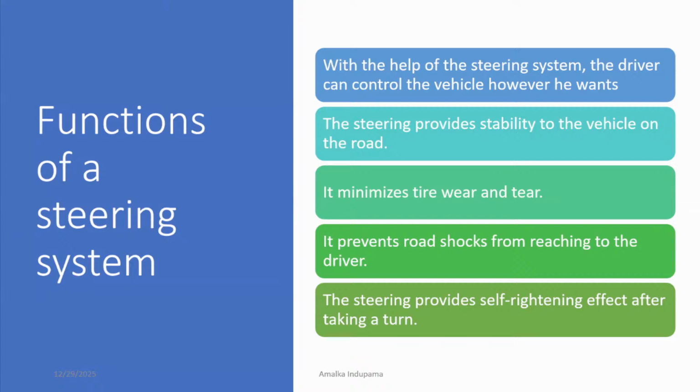The second point is that the steering system can provide stability to the vehicle. Whenever a car takes a turn or a bend, along with the suspension components, the steering system will increase the stability of the automobile.